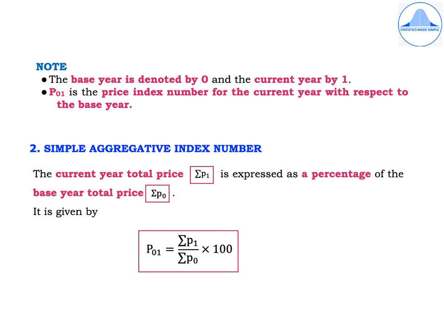Base year price is denoted by P0 and total base year price is summation P0. So the formula is P01 is equal to summation P1 by summation P0 into 100. That is, the current year total price is expressed as a percentage of the base year total price.